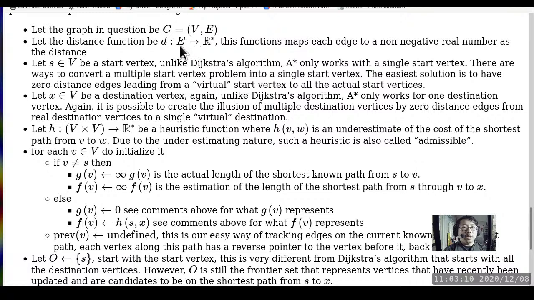This time I'm not even bothering to mention V cross V, because I think I used E as well in the previous one, so I take it back. It only has to map edges to non-negative values, because we only want to find distances of edges with D. And then this one is certainly different, because we only start with a single start vertex, unlike Dijkstra's algorithm. The A star algorithm only works with a single starting point.